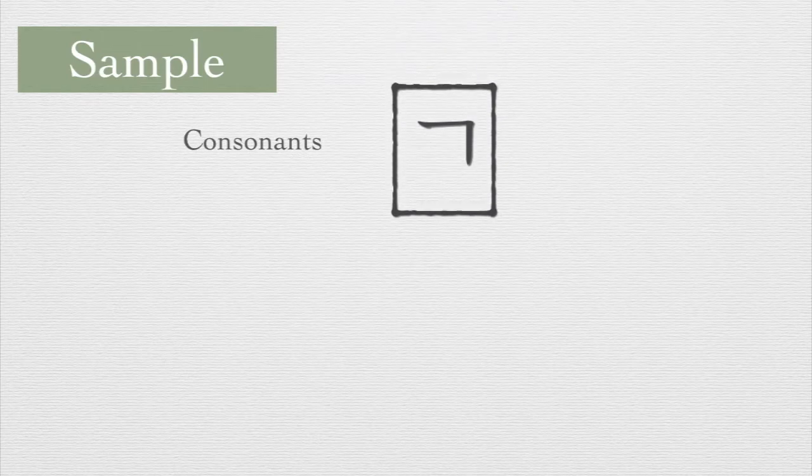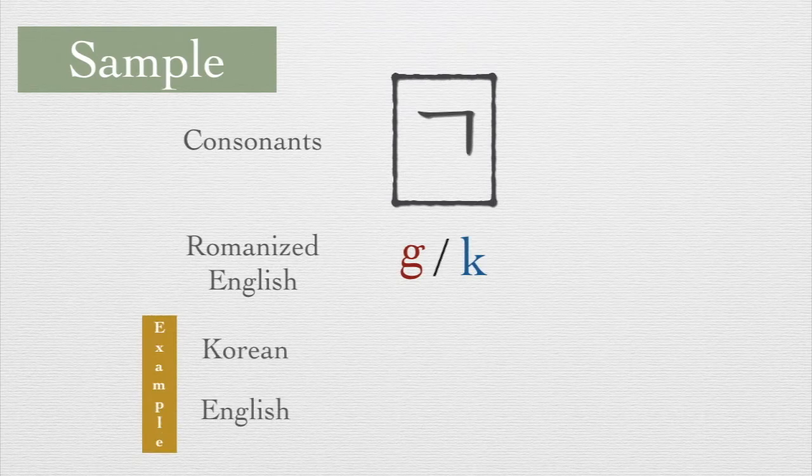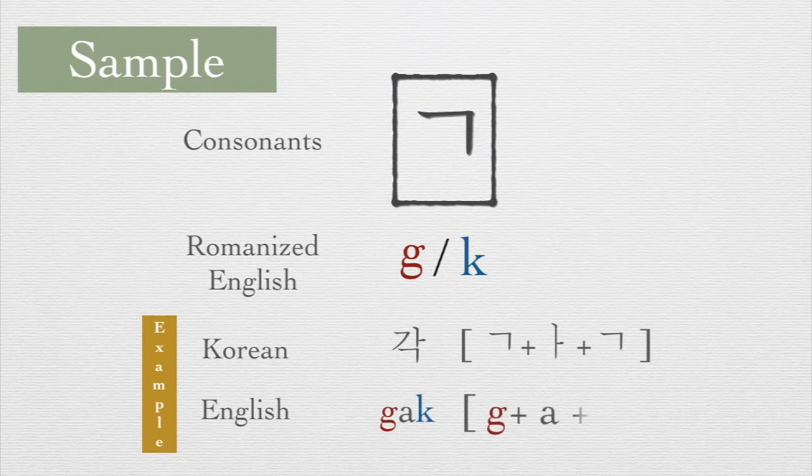Here is a sample with the consonant 기역. 기역 has two romanized letters, G and K, and it makes 각, G-A-K. As you can see, if a consonant has two romanized letters, I will divide them with a slash.